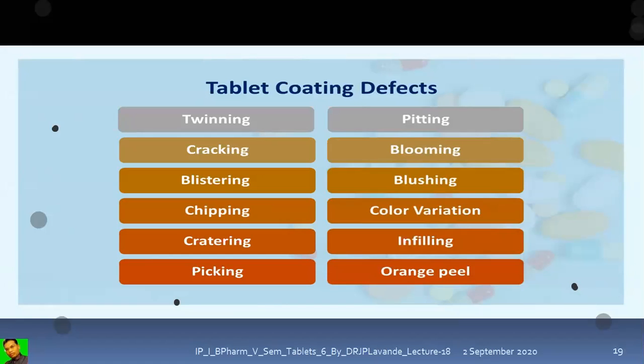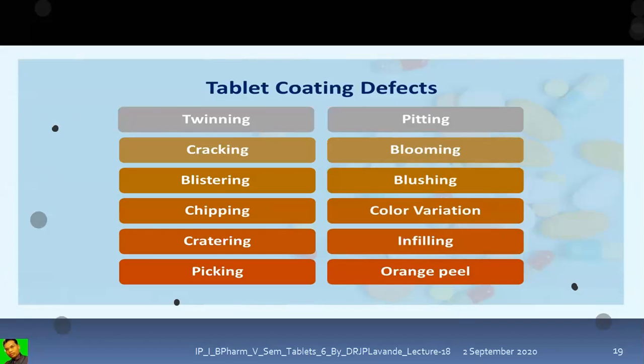Now, once we coat the tablet, these are associated with various imperfections. These are said to be the defects. Again, it is the process, it is the technique, and no process is 100% complete, 100% perfect.